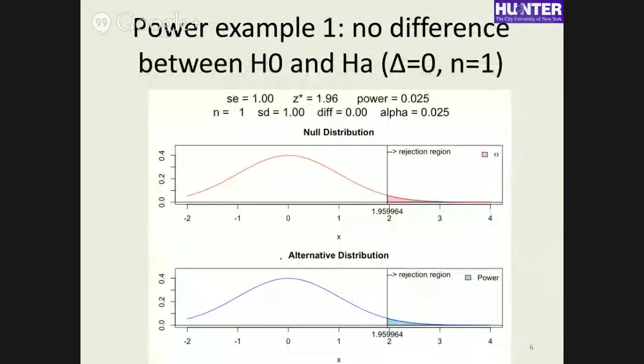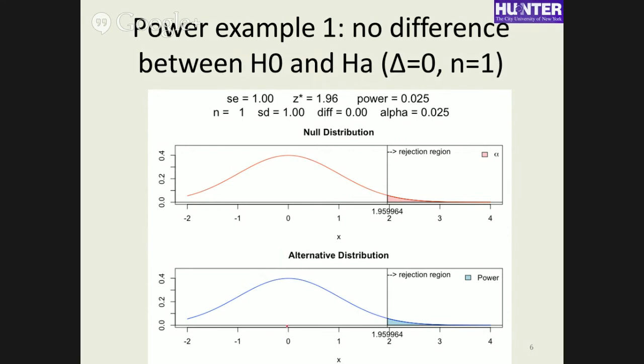So I've drawn a bunch of plots here. These are sampling distributions, drawn using a normal distribution. So this is doing a z-test, either because we have a very large sample size or because the standard deviation is known from the population.